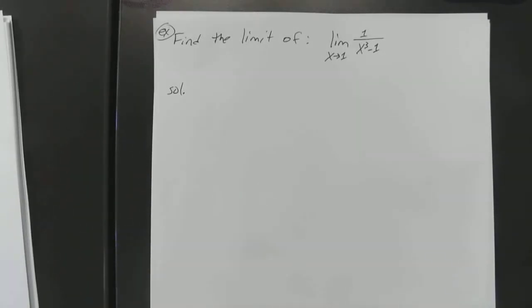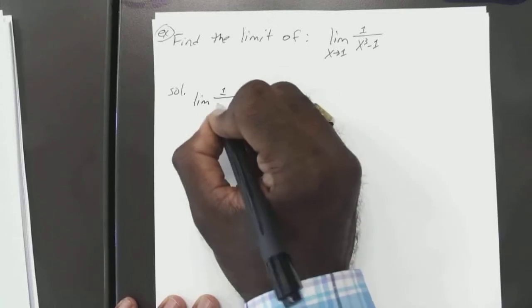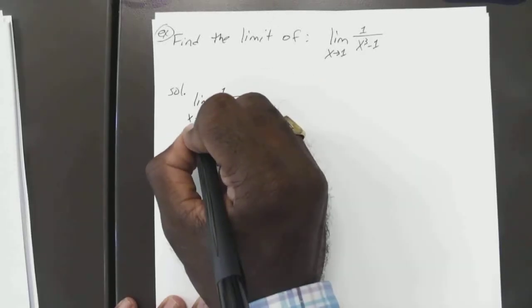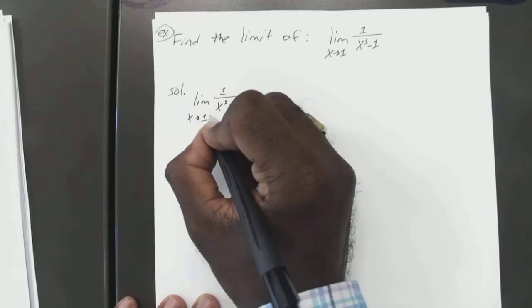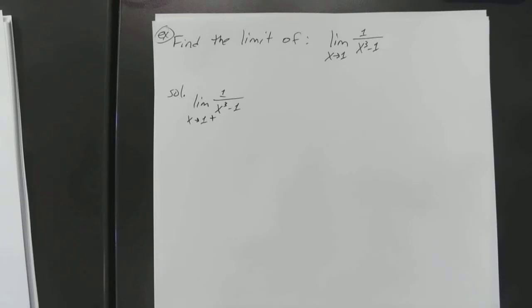Okay, so we know that the limit as x approaches 1 from the right is what? What did you come up with?